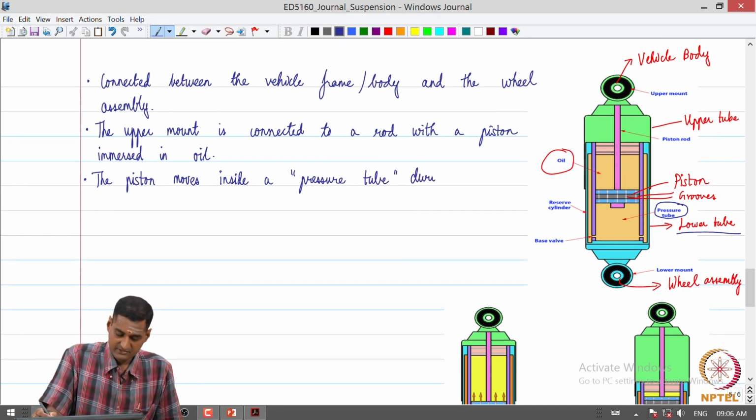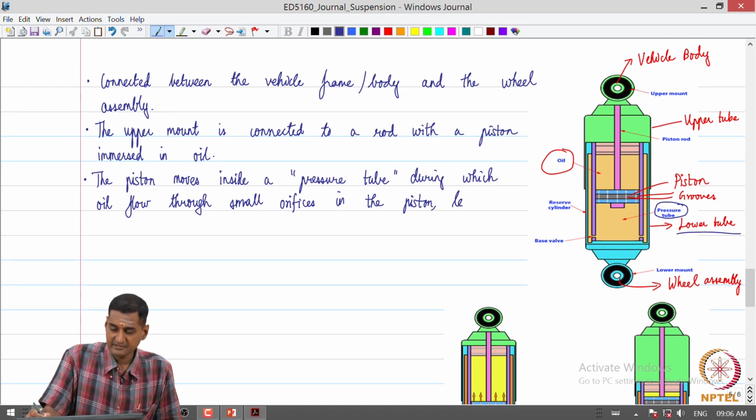During the motion, oil flows through small orifices in the piston, leading to energy dissipation. So that is what happens in the shock absorber.